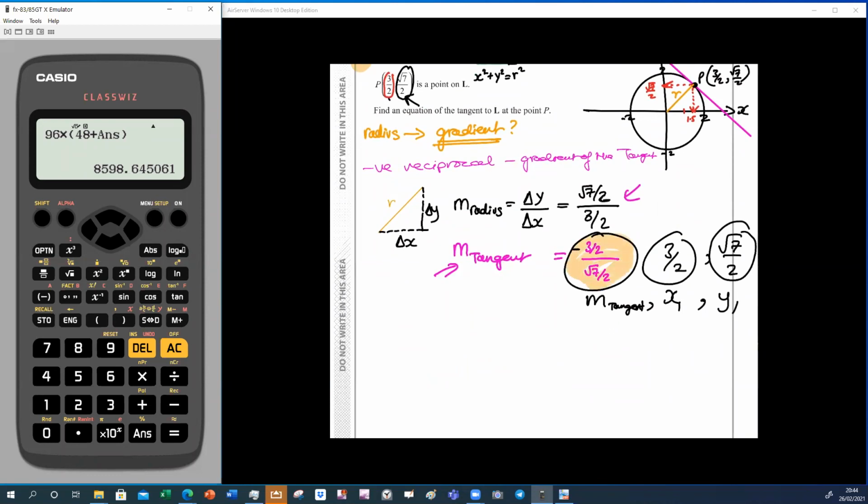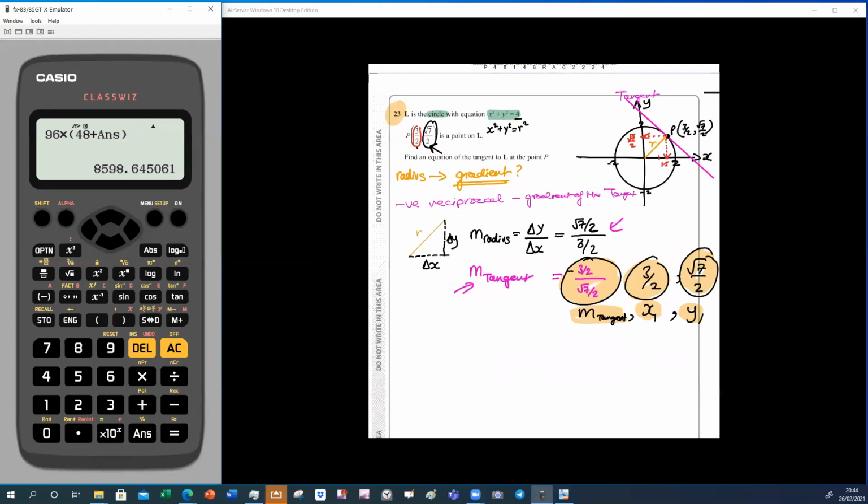We need to know the gradient of the tangent. We need to know an x value that the tangent goes through and its corresponding y value. So we know those three special values, and with those three special values, we need to put them into a formula. Can you remind me what the formula is? It's a cousin or a relative of the y equals mx plus c.